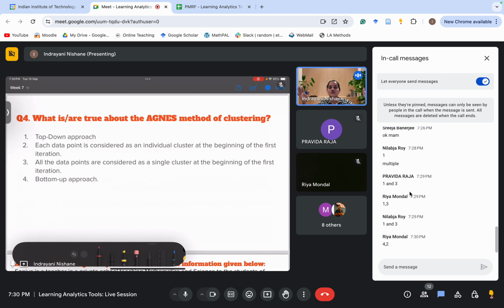Divisive is where you start dividing the data, and Agnes is where you build up the tree, right? So Agnes is a bottom-up approach, and each data point is considered as an individual cluster at the beginning of the first iteration, then the nearest two are combined in the next iteration, and so on. So option 2 is correct and option 4 is also correct. Both answers are correct.